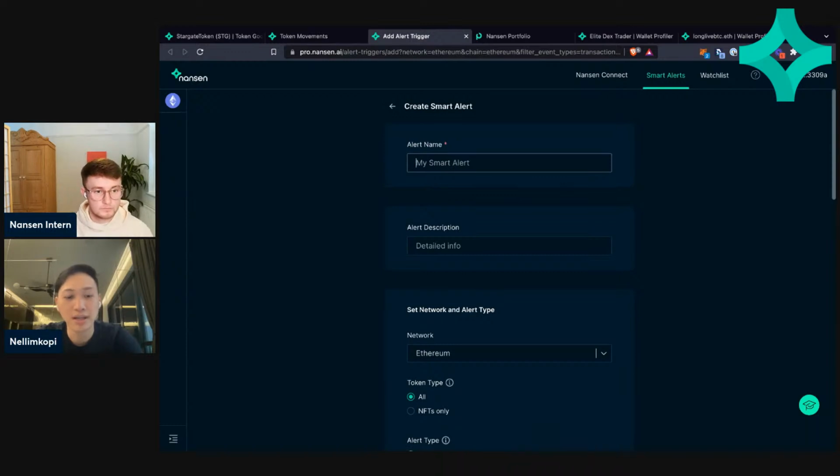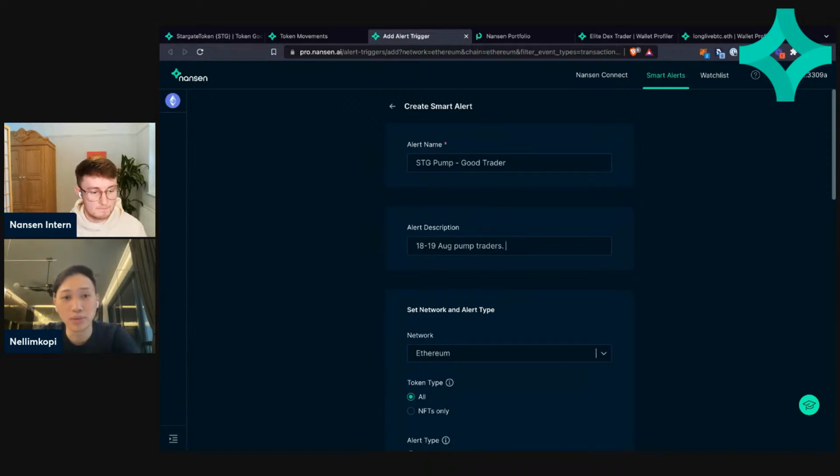So for example, these two wallets, I found them through Stargate Pump, so I can name my alert Stargate Pump Good Traders. And I can add in specific details on how I found these guys, so 18 to 19 August pump traders. I'm super specific so that the next time I come across an alert from them, I know how I've identified this particular set of wallets.